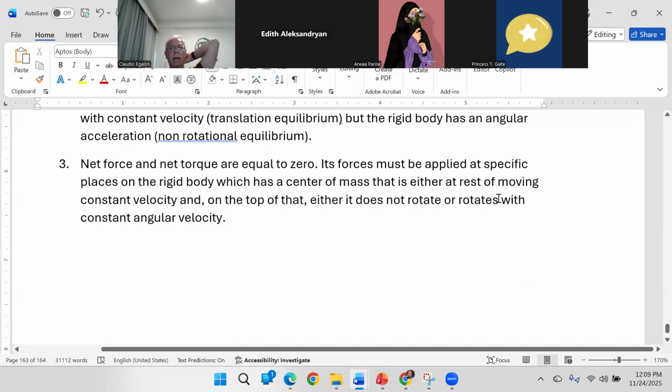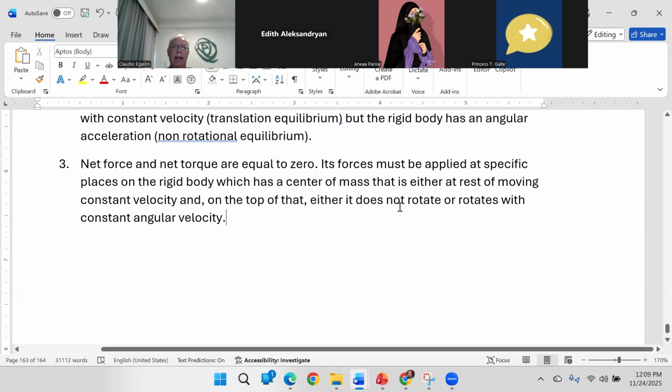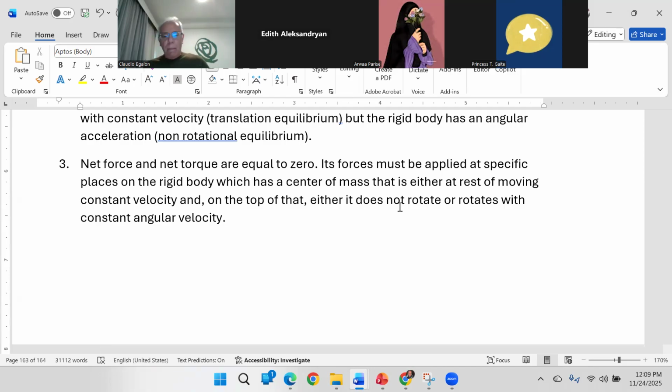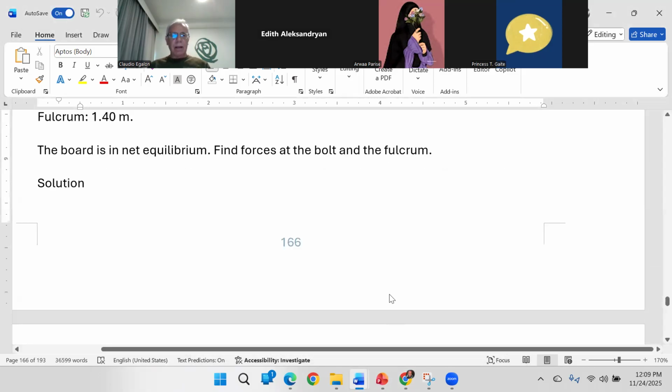On top of that, it either does not rotate or rotates with constant angular velocity. Keep that in mind. And now we are ready to start to apply Newton's second law of motion to rigid bodies. And that's what's going to come next.